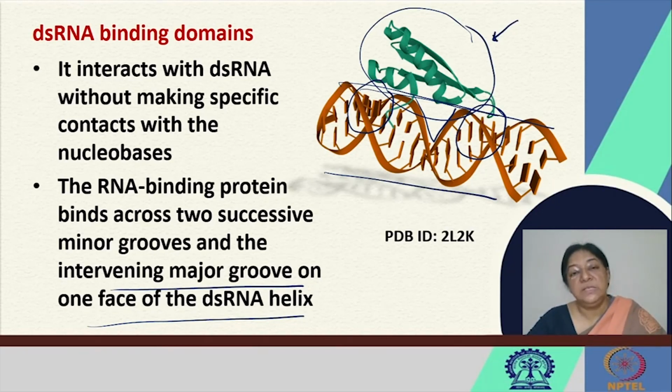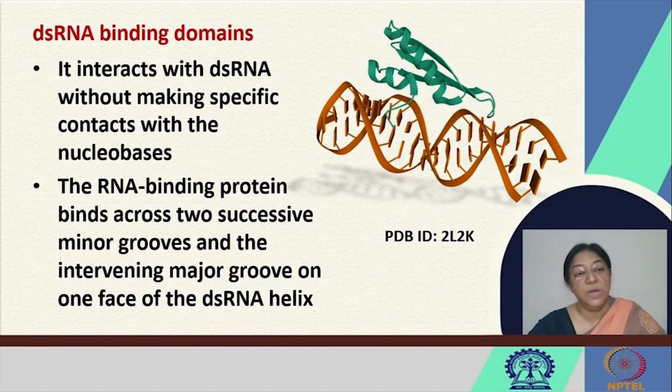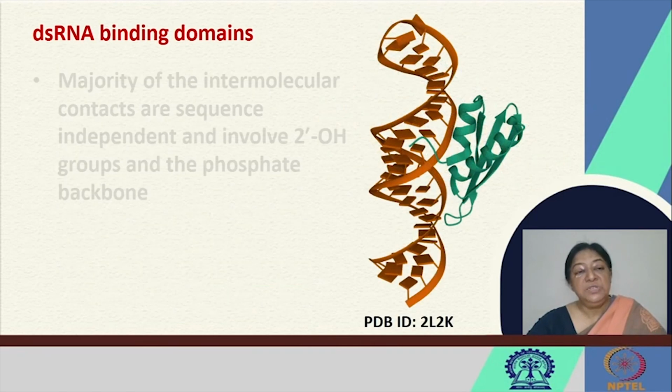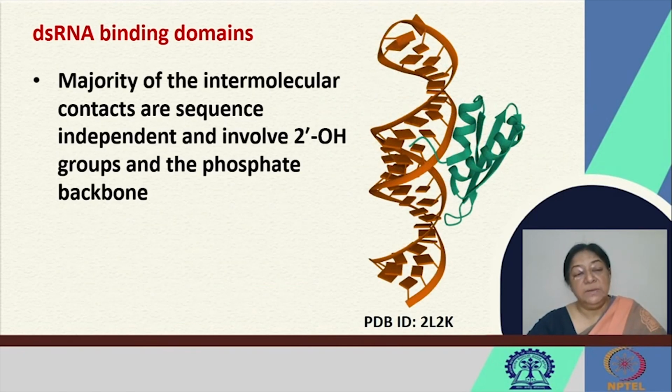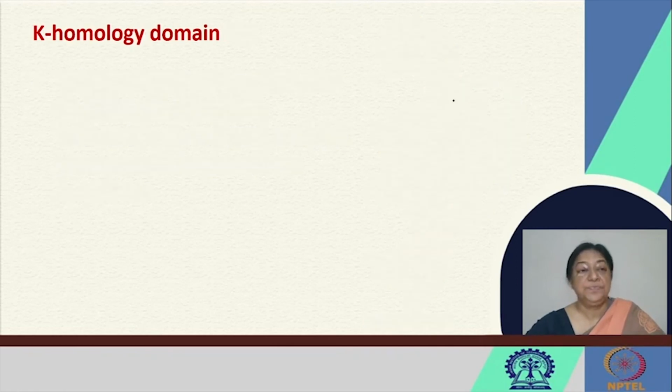It does not make any specific contact with the nucleobases, but nevertheless interacts with the backbone in a sense that it crosses over two minor grooves and a major groove in the face of the helix that we are looking at. For the double-stranded RNA binding domains, a majority of the intermolecular contacts here are sequence independent, and they involve the 2' OH groups and the phosphate backbone, as we can see from the nature of the interaction in this case.